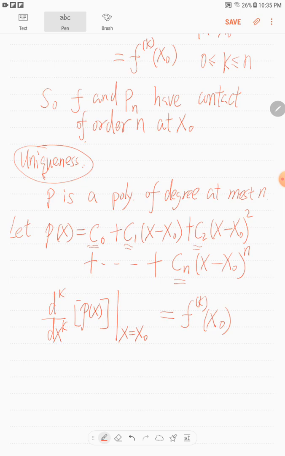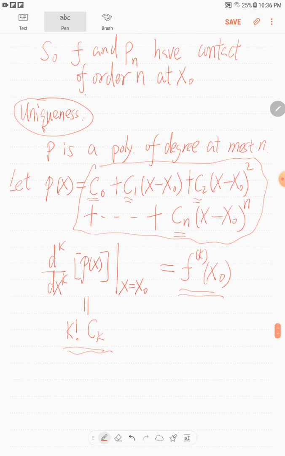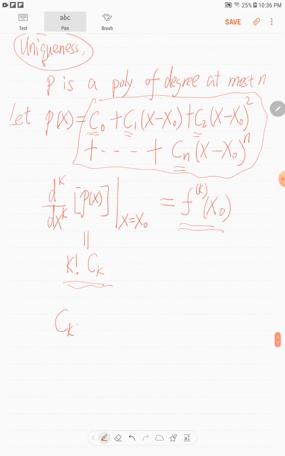On the other hand, if we use the formula and take the kth derivative on the right side, you will see it's equal to k factorial times c sub k if you plug in x equals x naught. Then you compare both sides. It will tell you that c sub k is equal to the kth derivative of f at x naught over k factorial.